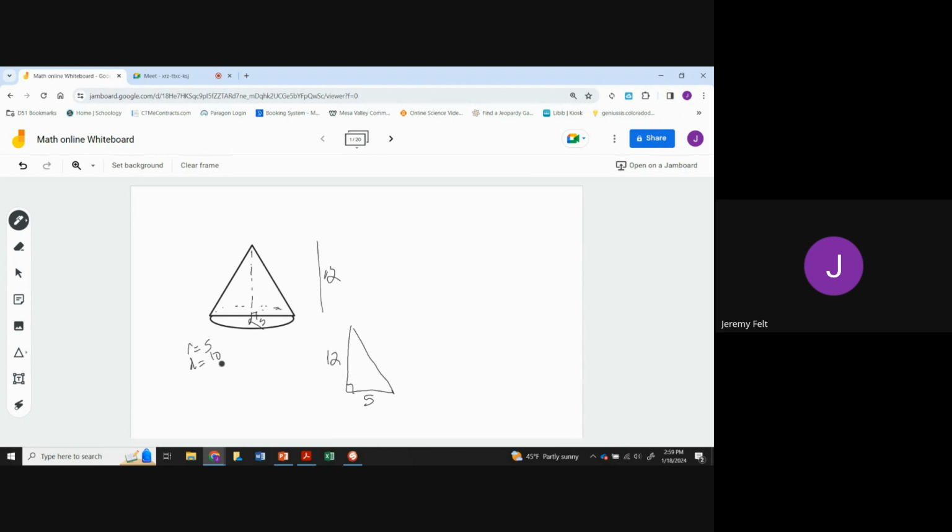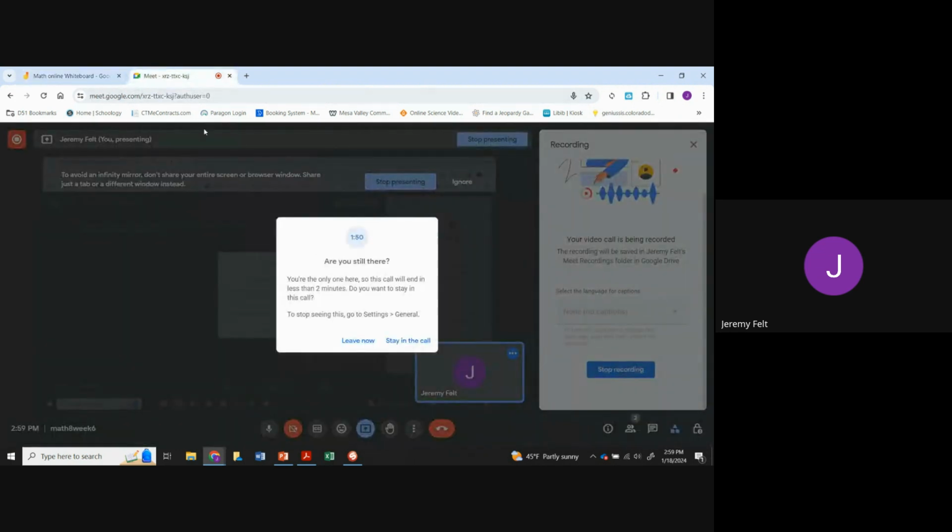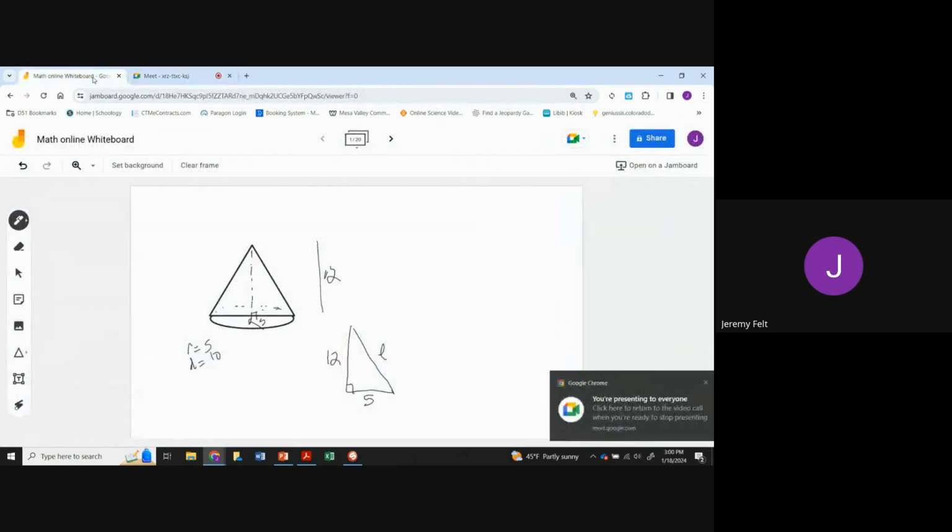And then the slant height right here is what we're trying to find. I think our reference sheet uses a lowercase cursive L, but we can use whatever we want.